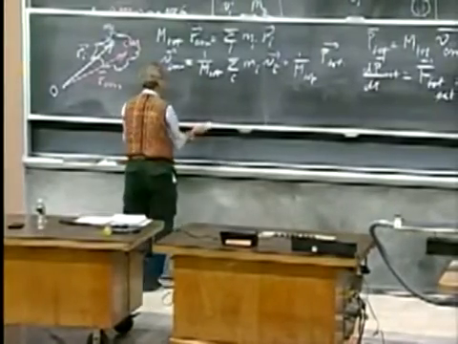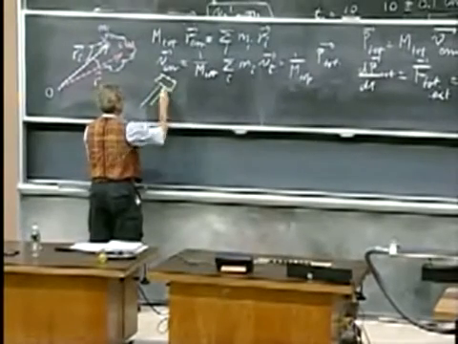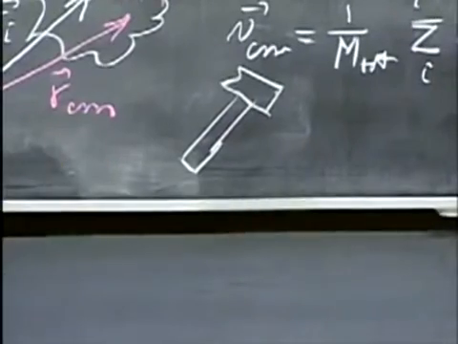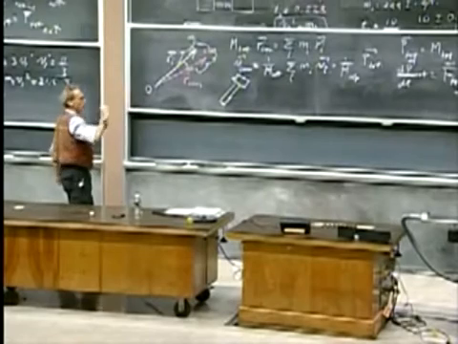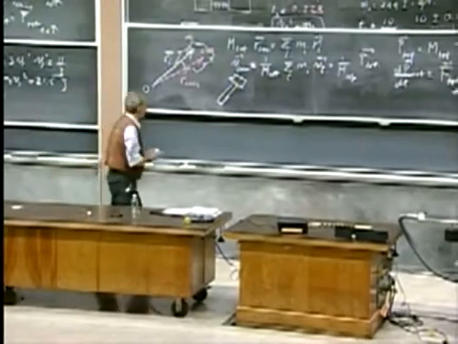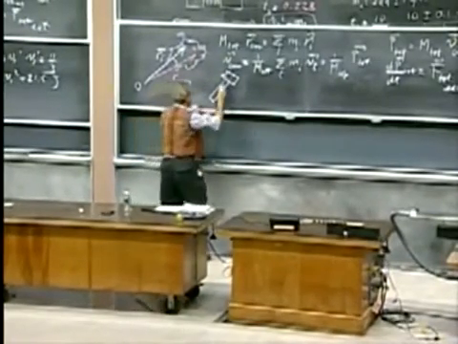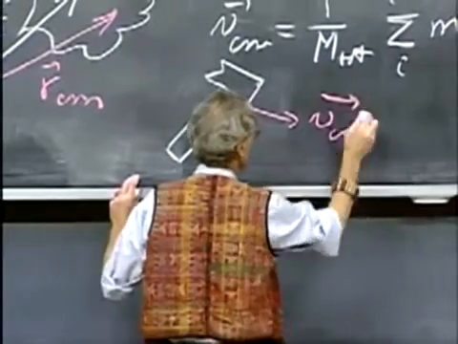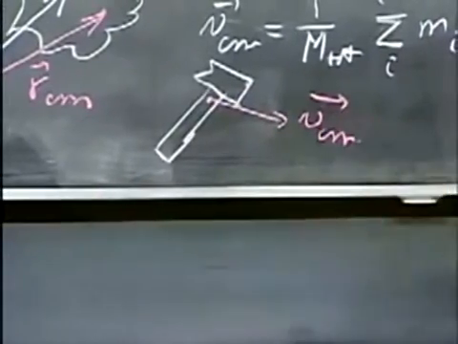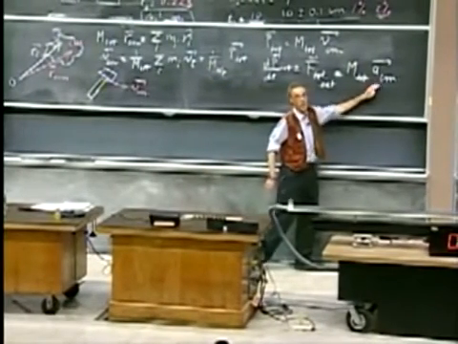If I had here a hammer, this is a hammer, and there were no external forces, I would be somewhere in outer space, and it would have a certain velocity, then the center of mass, but only the center of mass, would have a velocity that never changes, because if there's no external force, then there is only a constant velocity. There's no acceleration.